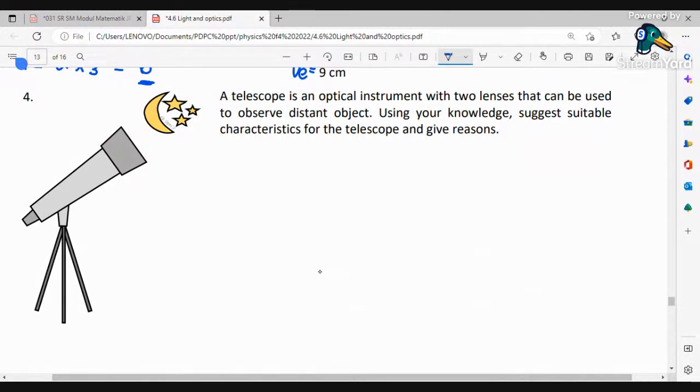Okay, number 4, a telescope is an optical instrument with 2 lenses that can be used to observe distant object yang jauh. Using your knowledge, suggest suitable characteristic for the telescope and give reason. Okay, so when we talk about this one, this is like a paper 2 essay.